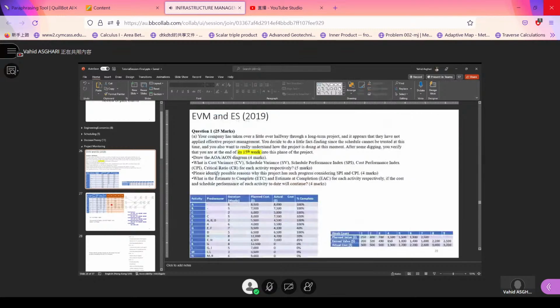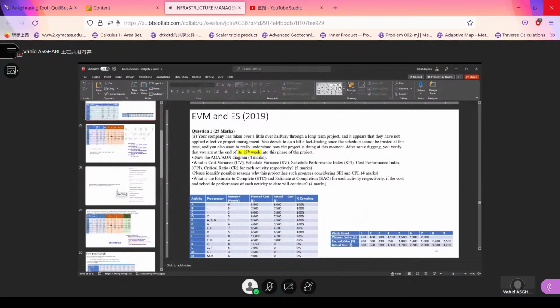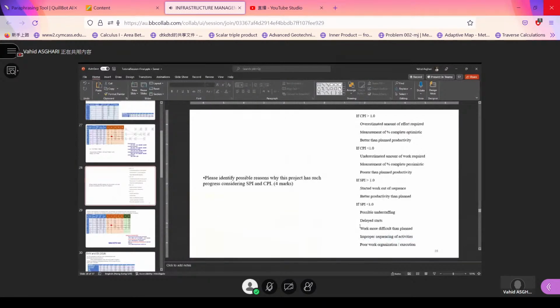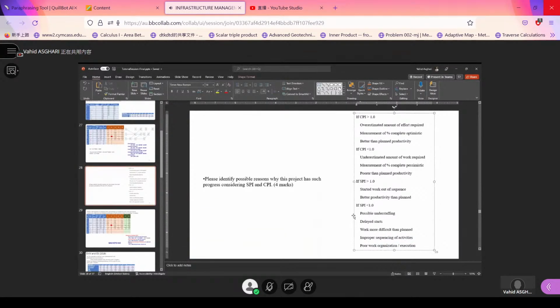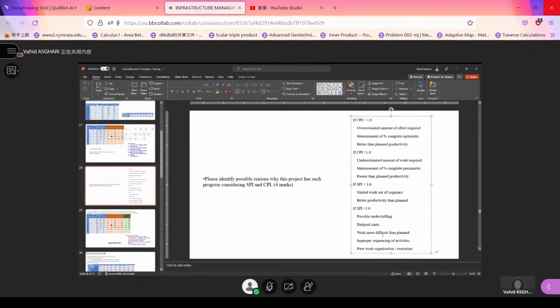The next part is please identify possible reasons why this project has such progress considering SPI and CPI. These explanations are exactly provided in the slides as well. So please go ahead, learn them, understand them, and see what they mean.